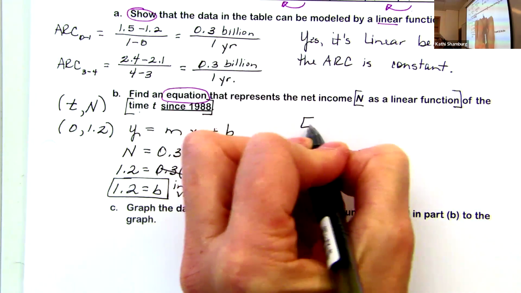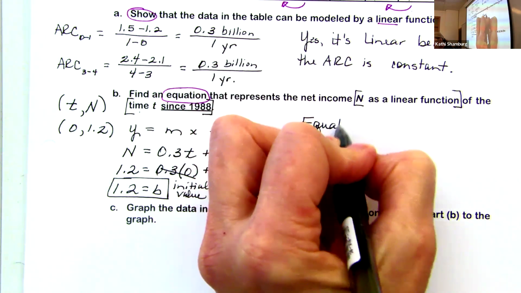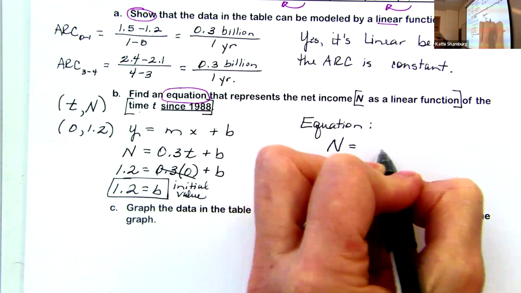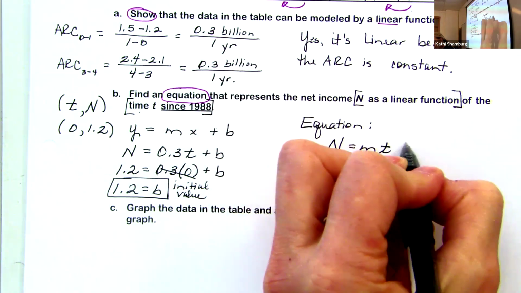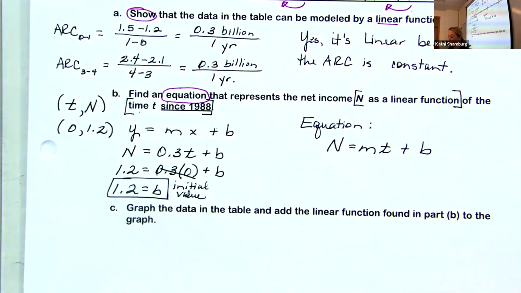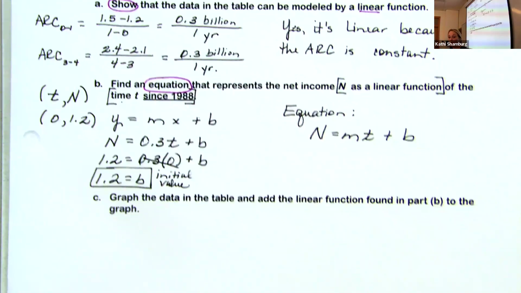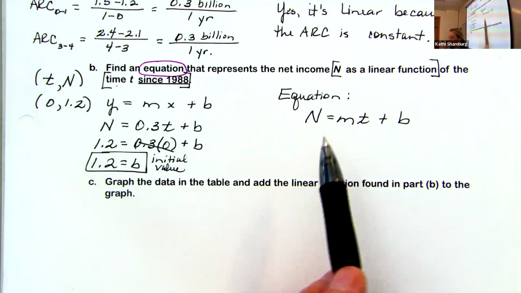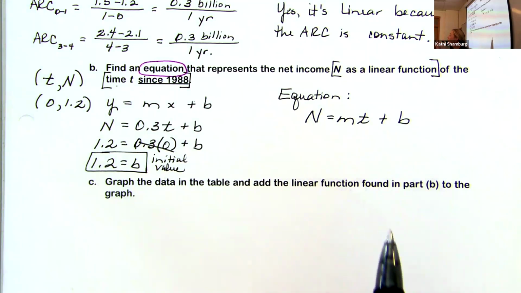So now we're going to write the equation. And the equation is going to be n equals m times t plus b. Now, you don't have to write this and show me this. I just like to do it in notes so you know where everything comes from. When I go to substitute numerical values into this equation, am I going to put a number in for every letter?